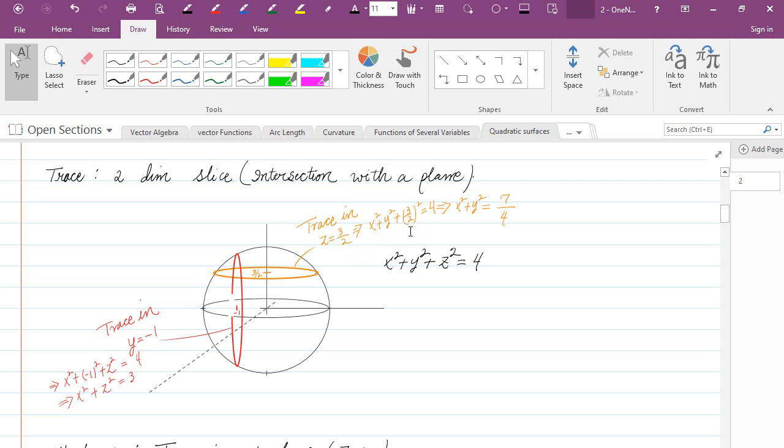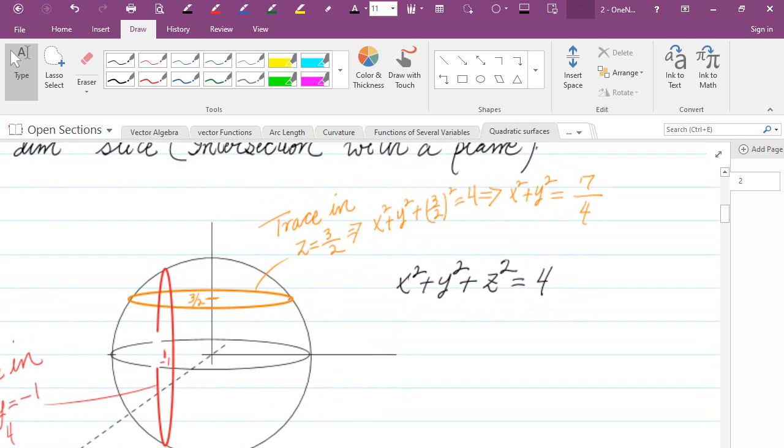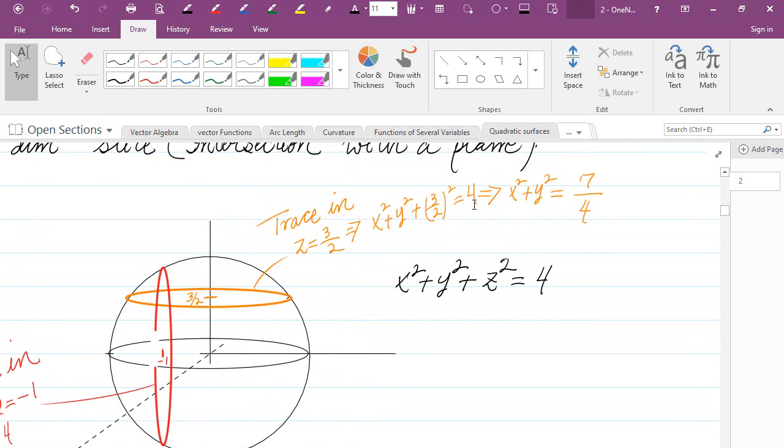If we do that, we get x squared plus y squared plus 3/2 squared is equal to 4, which we can simplify to x squared plus y squared is equal to 7/4. This is the equation of a circle of radius root of 7/4.